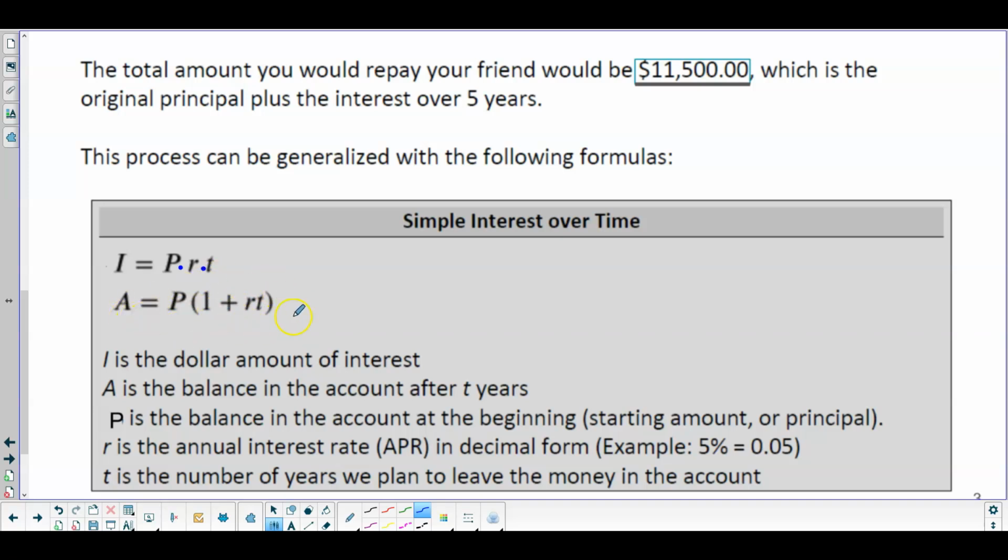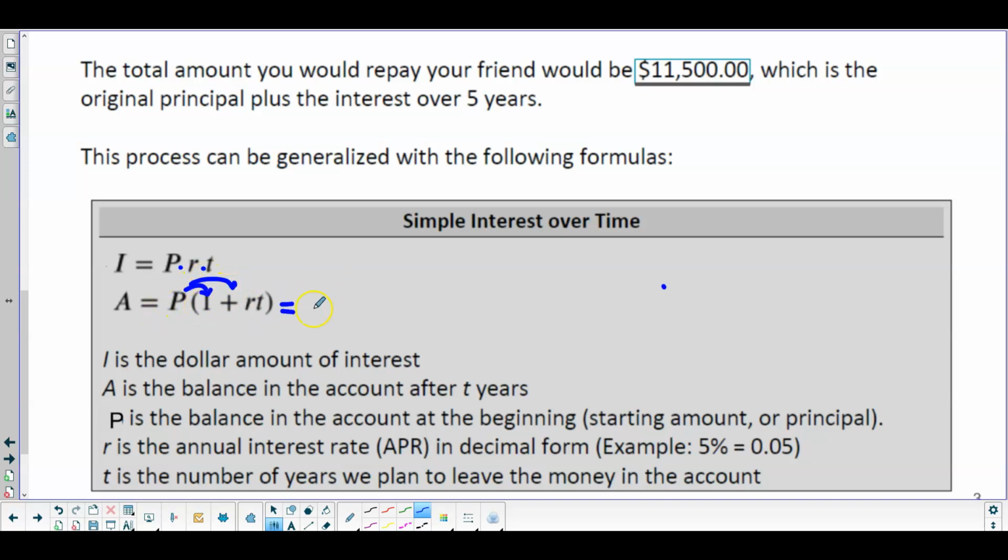And you say, well, why do we need two formulas? Well, this is the formula if you're just calculating what your interest will be. The other formula is so that you can calculate the amount of interest that you would have plus what you borrowed. Okay, so P stands for the principal. And if you look at it, basically we can do some distribution here and kind of see how this works.